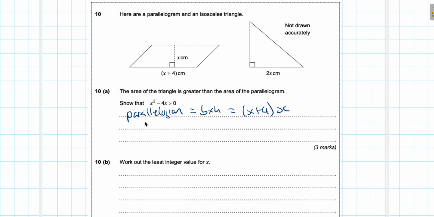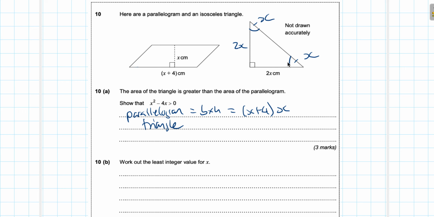For the triangle, we can therefore say that the triangle is base times height, based on an isosceles triangle. So an isosceles triangle here, this is 90 degrees, and this angle here must be x, and this angle here is also x, which means that this side here must be the same.